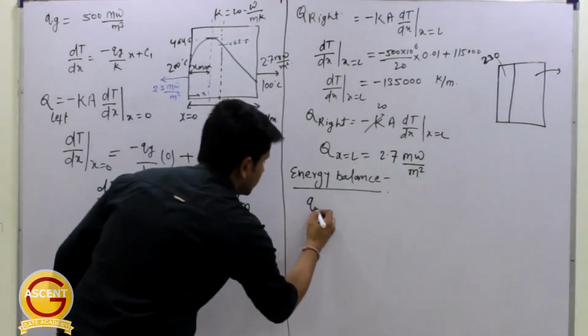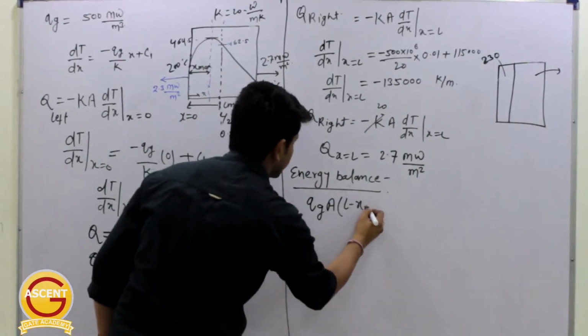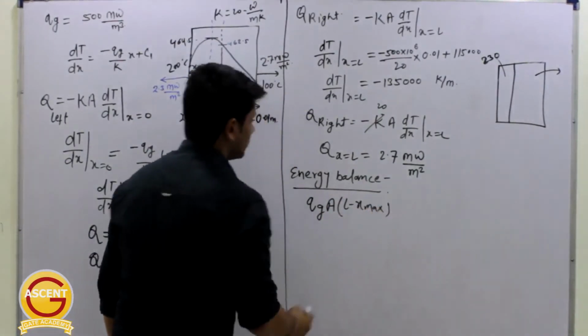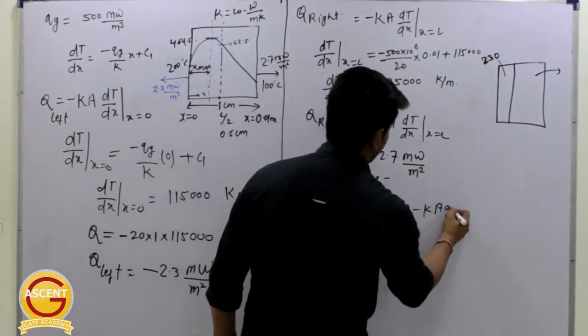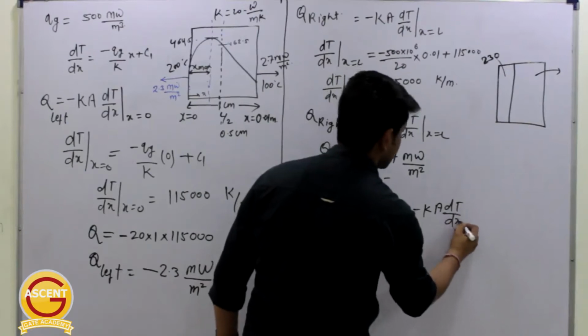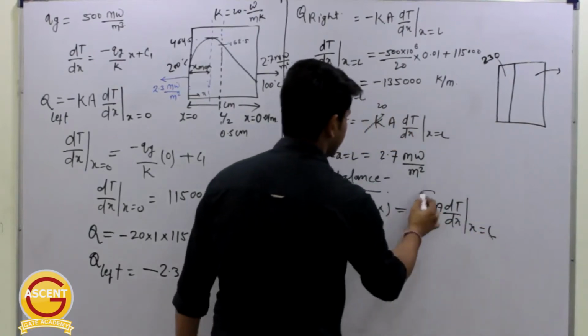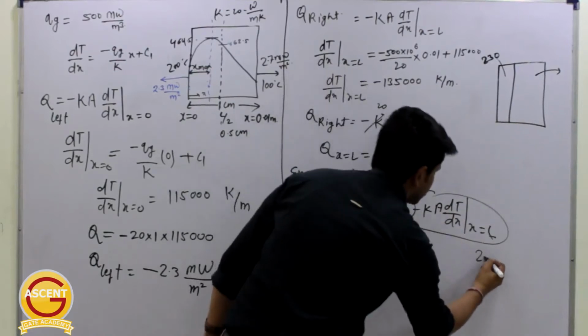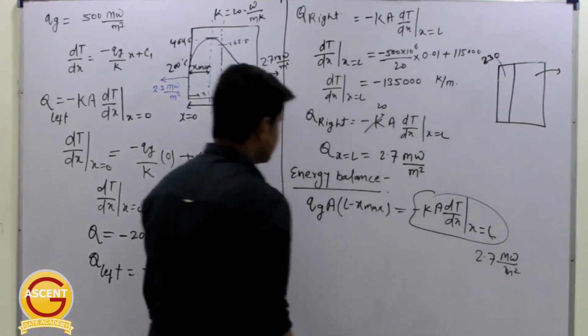So the energy balance will be Qg into area into L minus X max must be equal to this value, which is minus Ka dt by dx at x equal to L. So this value we have already calculated, and it is coming as 2.7 megawatt per meter square.